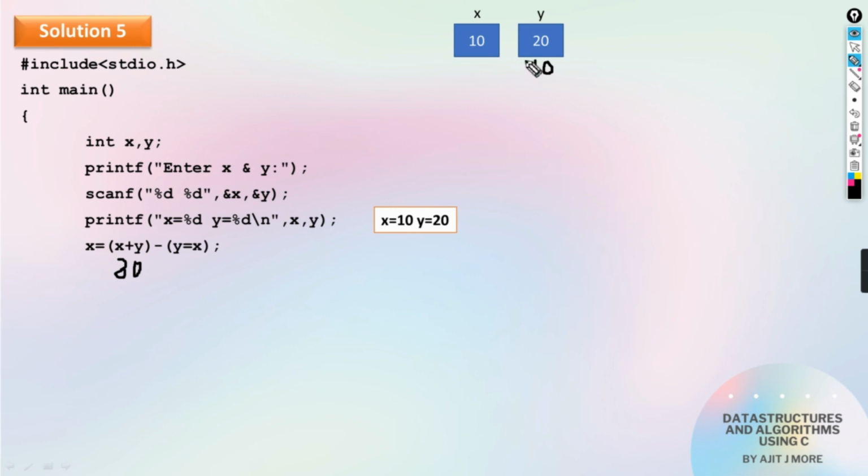Okay guys, that will get stored, and the result of that bracket will be the value of y. X is getting stored in y, that is 10 is getting stored in y. Instead of 20 it's going to become 10. But after that the result of that bracket is what you have assigned to y, and what is assigned to y? 10.